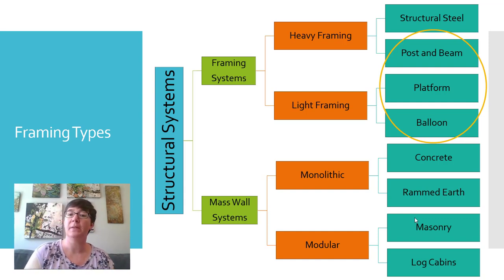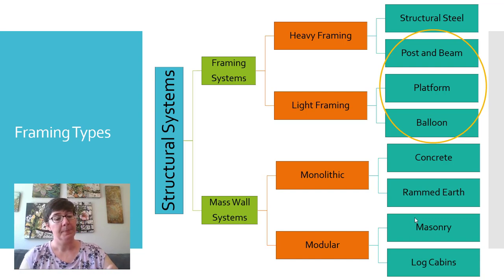Also, floor joists. Individual floor joists won't hold that much weight, but when you put them all together repetitively in a row, they form a structural unit. Same thing for roof rafters. And so in the light framing category, we're going to be talking about platform and balloon framing systems.